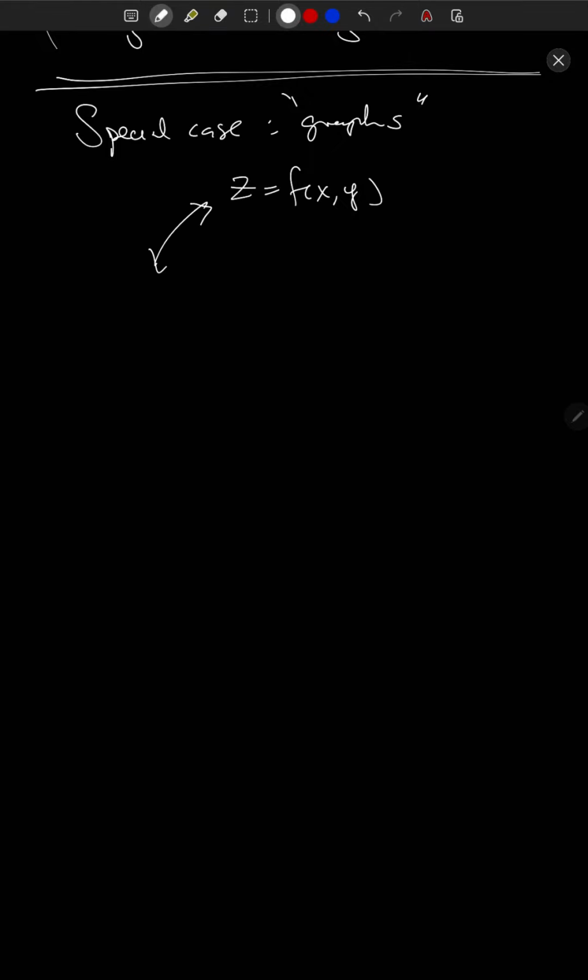So the first thing is, in terms of integration, there's a special case: graphs. What I mean by graphs is when we parameterize using a graph, so z equals f(x, y). The convenient parameterization was x(u,v) equals u, y(u,v) equals v, z(u,v) equals f(u,v).